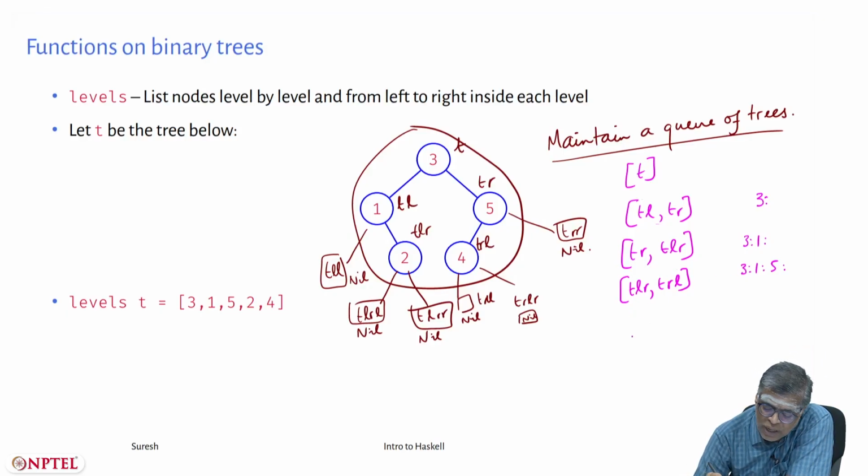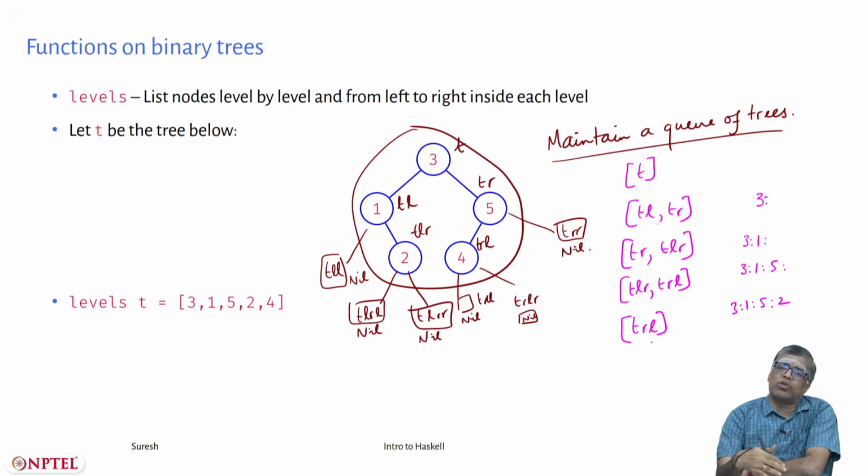Now, you go to TLR, both its children are empty, so you will just remove TLR, add its root to the output list, but there is nothing more to add to the queue itself. So, TLR gets removed, you will just have TRL, and you have 3 followed by 1 followed by 5 followed by 2, and now TRL, both its children are empty, you will just put its root in the output list and remove this.